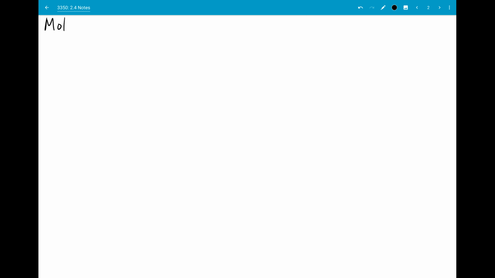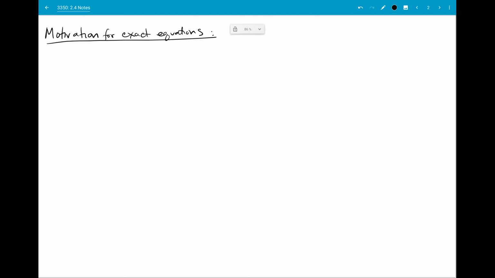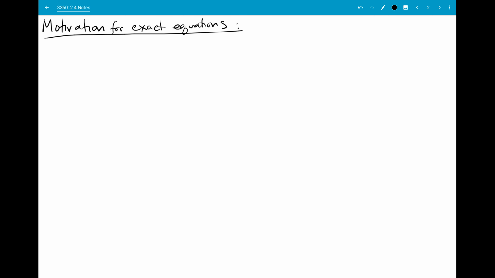So our first thing here is going to be talking about our motivation for exact equations. I'm going to think about a differential equation, dy/dx equal to minus y over x.